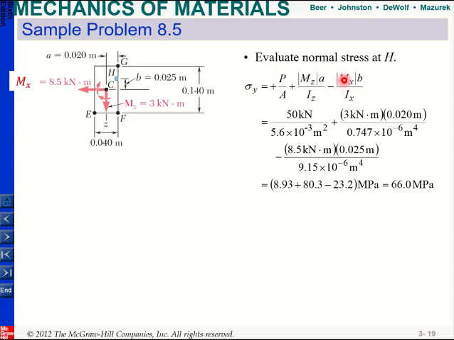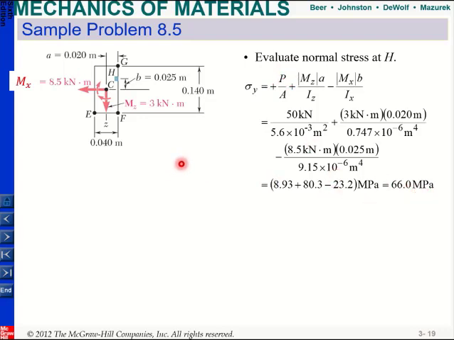It is equal to Mx times the distance from my neutral axis to H, which is 0.0525 meters, divided by Ix. And don't forget, if I use Mx, I use the moment of inertia along the x direction. If you use Mz, you need to use Iz. Since we calculated all the values before, I just plug them in, and I end up with 66 megapascal. So due to these two moments and the normal force, I will have 66 megapascal.